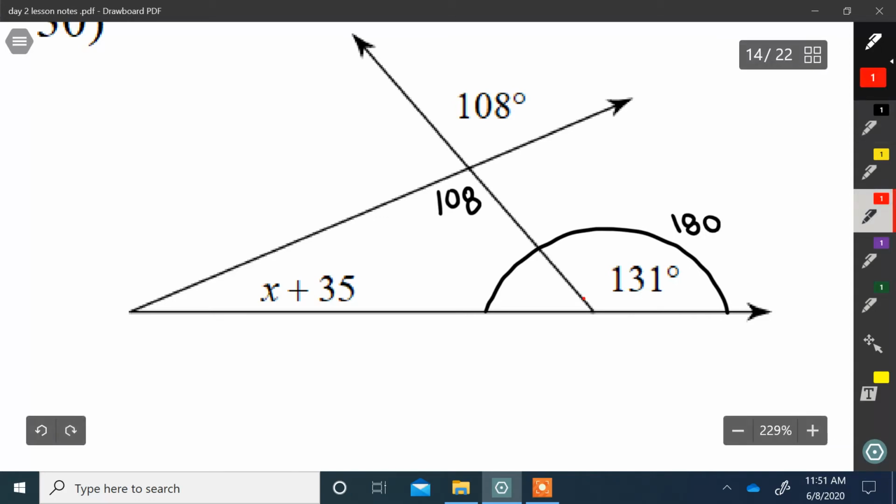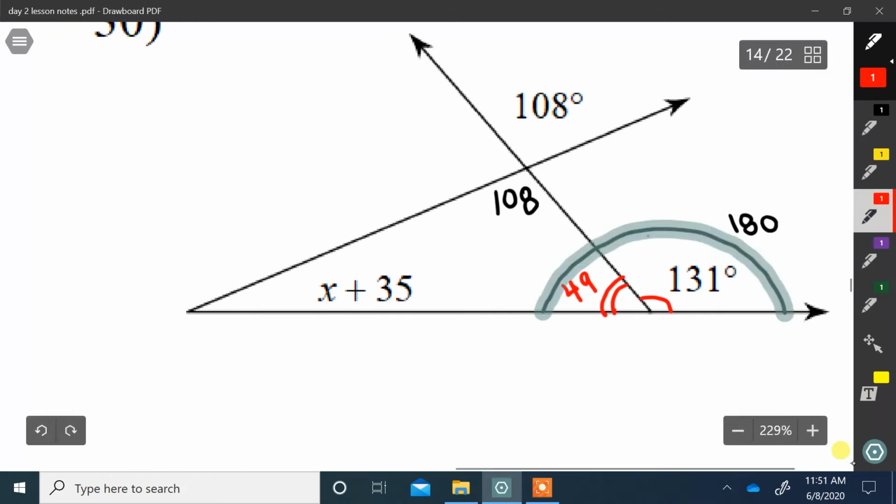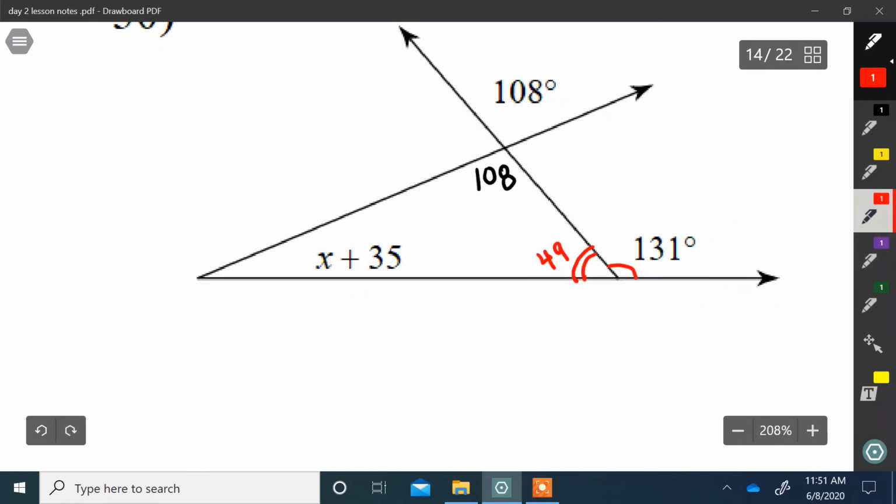Well, if this portion right here is 131, what is this right here? It has to be 180 minus 131. So I'm going to subtract 180 minus 131. That's going to be 49. So that's 49 right there.